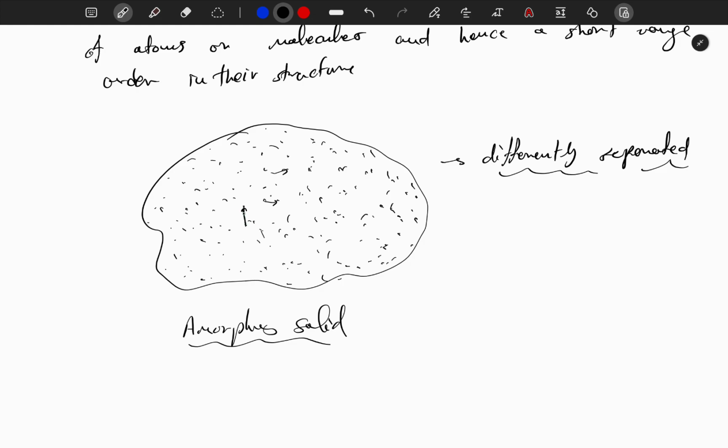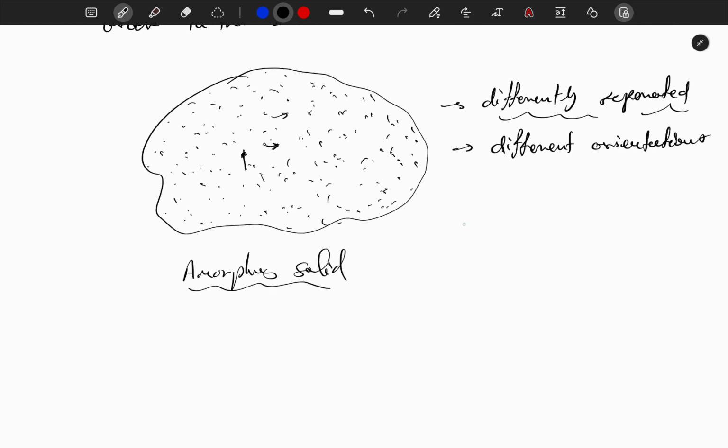The orientation of this bond is that way, here the orientation is that way, so they have different orientations. So atoms or molecules of amorphous solids are differently separated, randomly arranged, and in different orientations. So there is total randomness in the amorphous solids.